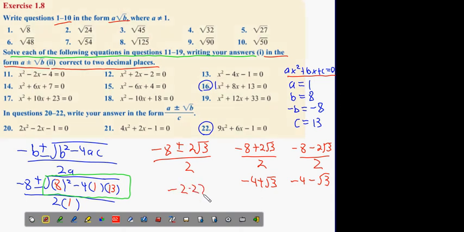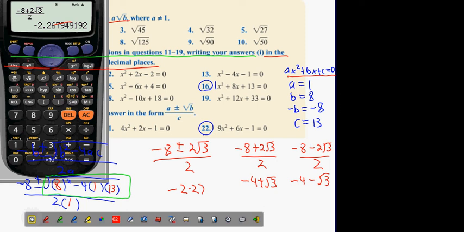Then I have to find the answer for minus 4 minus root 3. Oh, sorry, that happens sometimes when you use the wrong minus sign. Let's go again: minus 4 minus root 3, press the change button and you get minus 5.73.